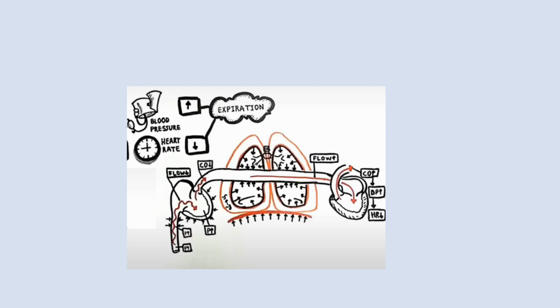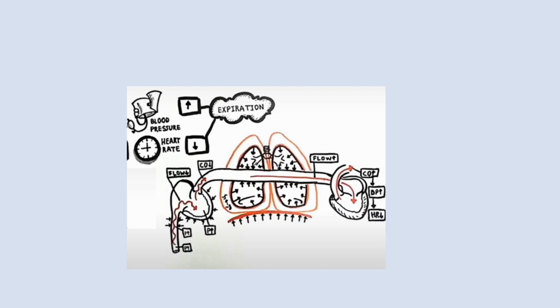Increased stroke volume will result in an increase in the blood pressure. However, the opposite will happen to the heart rate, in which there will be a decrease, because of the stimulation of the vagus nerve.